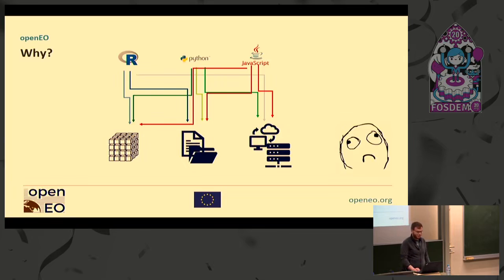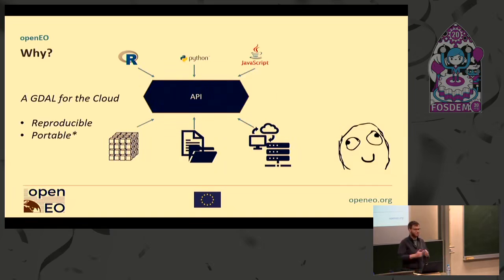So what we think is better is to get something like this. You have one client, R, Python, JavaScript in our case, what we support at the moment. And then you have a streamlined API in between, which then translates things to a single API, basically, where you have a single path for how you process, like whether for us it's a data cube, how you build things, how you download things, and so on.